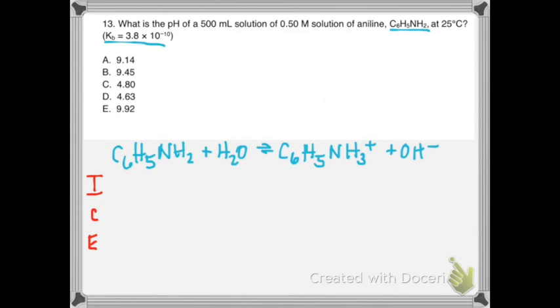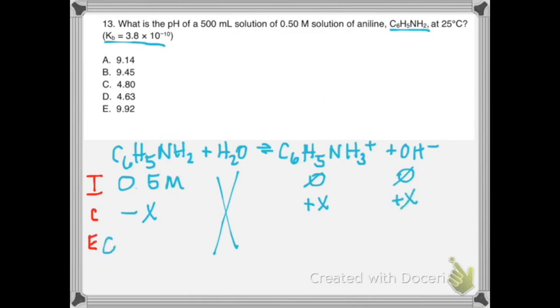Okay, so our initial concentration of the aniline they give us as 0.5 molar. We're going to ignore water. They don't tell us anything about these two species. We'll have minus x, plus x, plus x. Okay, that's great. But let's think about what our Kb is even telling us.